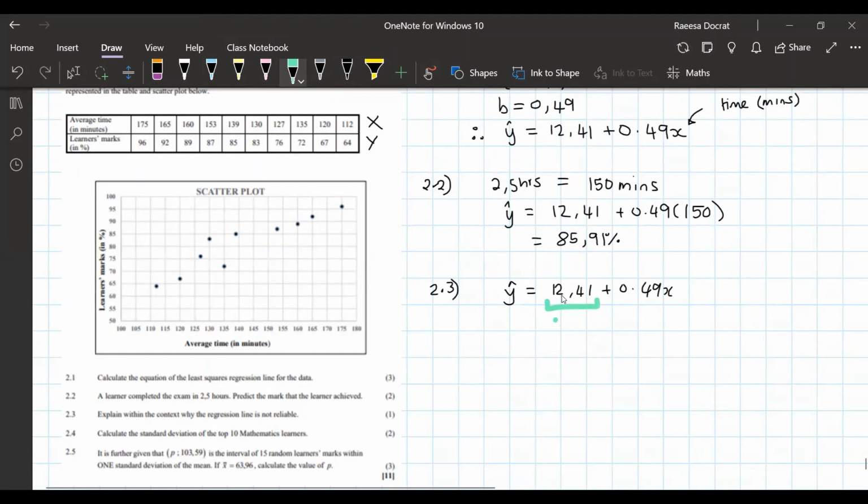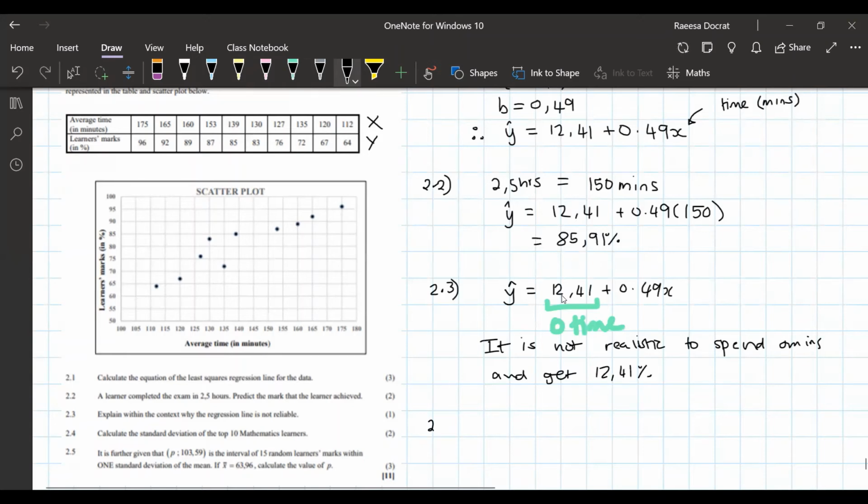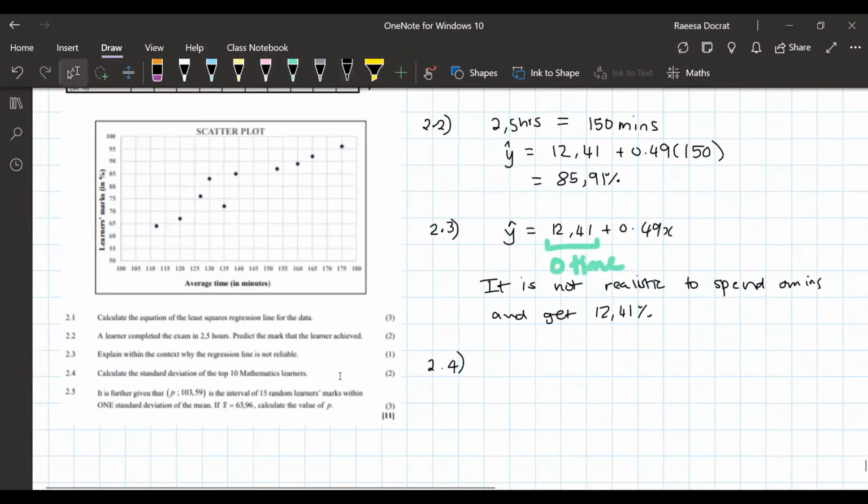That's saying if somebody takes 0 minutes, they will get a score of 12.41, and that's not realistic. It is not realistic to spend 0 minutes and get 12.41%.